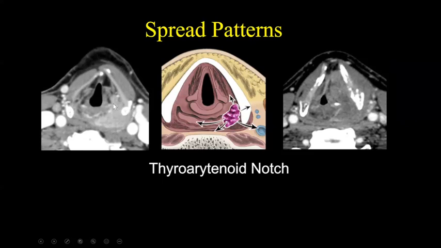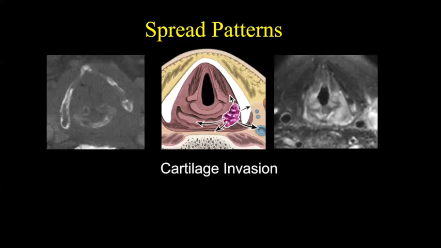The end result is that there's tumor extending anteriorly into this paraglottic/paralaryngeal space. And on the right-hand side, again, we can see this piriform sinus carcinoma extending through the thyroarytenoid notch into the paraglottic space. And this can be a cause of vocal cord fixation.